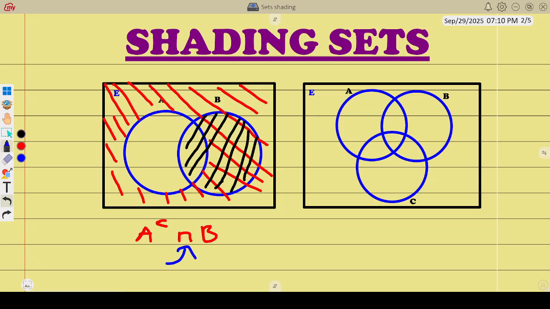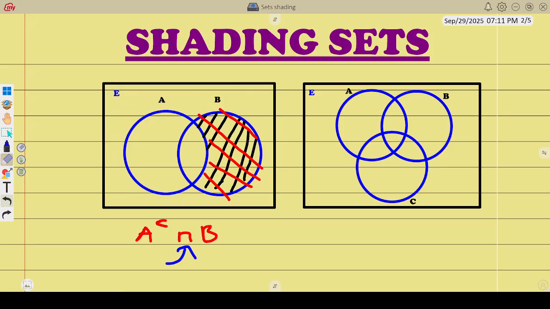Outside you can see we just have red, meaning that is just A complement. In here we only have black, meaning this is just B. But where we're having two colors, it's in here. So that is our intersection. In your final work it will just look like this. So this is A complement intersection B.